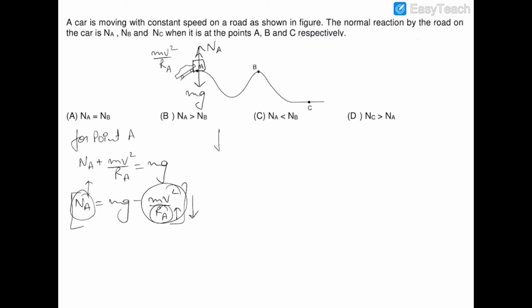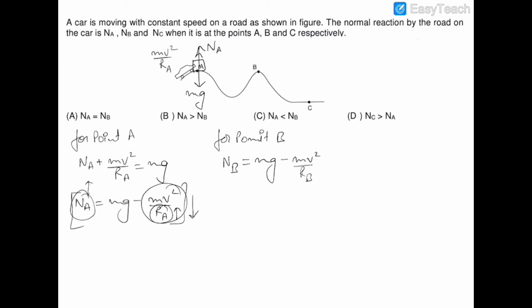Similarly, for point B, this NB will be equal to mg minus mv square by RB. So again, more is the value of RB, more will be the value of NB.